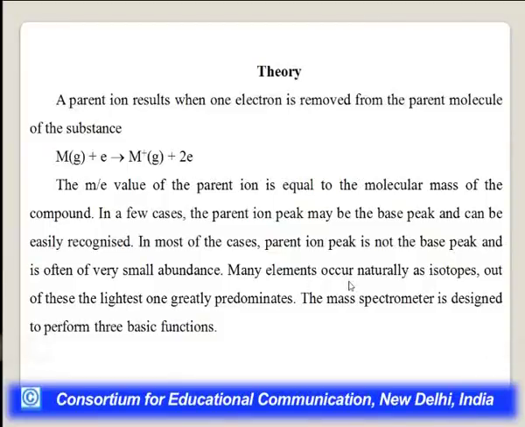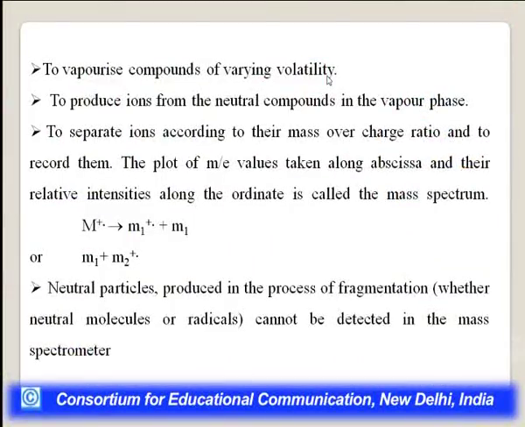Many elements occur naturally as isotopes. Out of these, the lightest one greatly predominates. The mass spectrometer is designed to perform three basic functions. Number one, to vaporize compounds of varying volatility. Number two, to produce ions from the neutral compounds in the vapor phase.